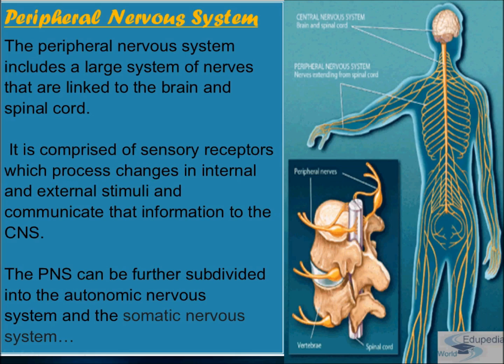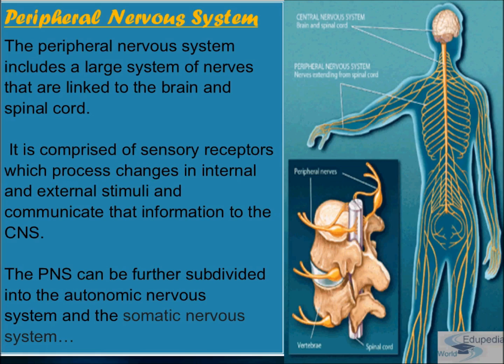See, this is the peripheral nervous system. That means the nerves that extend from the spinal cord. This is your spinal cord, right? And these are the nerves that extend from your spinal cord, and that's why it is known as peripheral nervous system. So the peripheral nervous system includes a large number of nerves that are linked to the brain and the spinal cord.